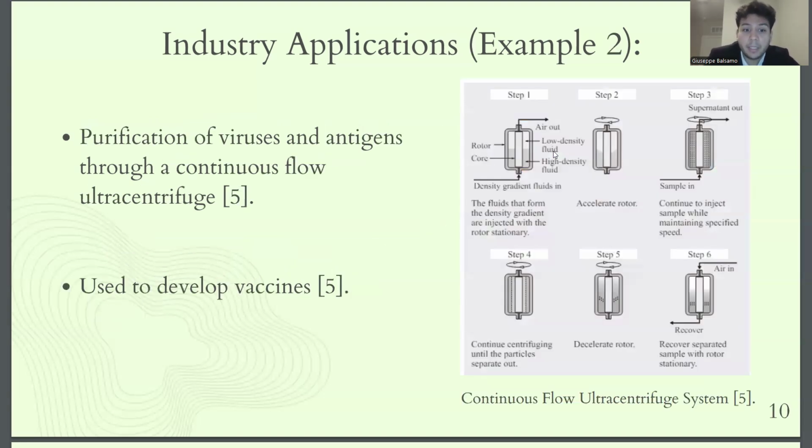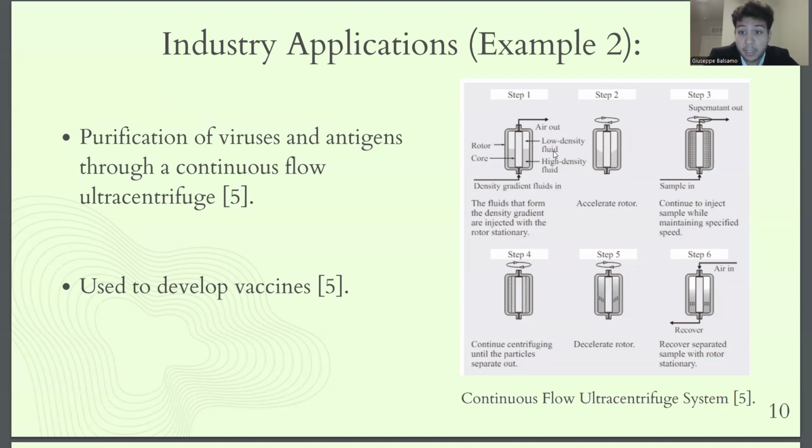Another example of how centrifuges are used is for the development of vaccines. For instance, when spun at high speeds, a continuous flow ultracentrifuge machine can be used to separate or purify a virus or antigen. This purified virus or antigen can then be used to develop a vaccine to fight that type of infectious disease.